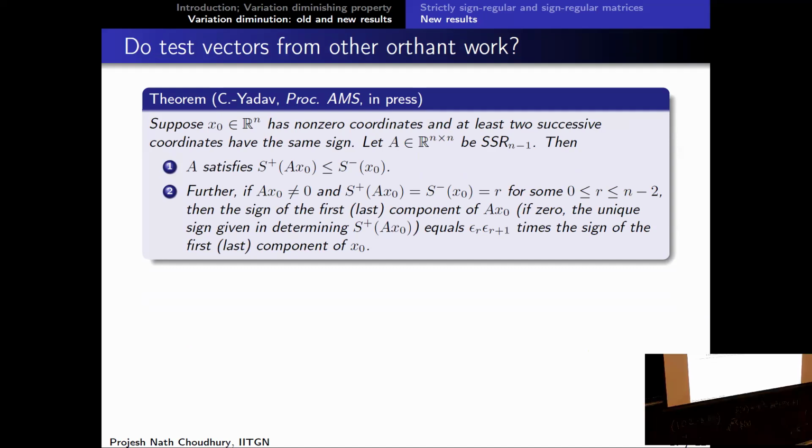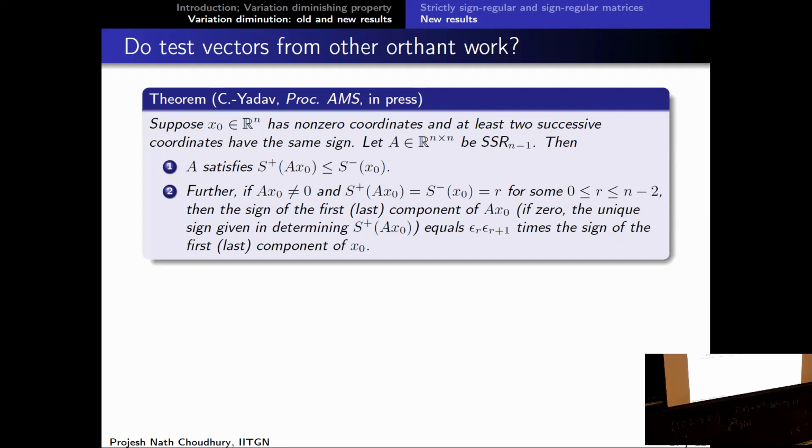and if your matrix A is a square matrix that is strictly sign regular of order n minus 1, then it also satisfies the variation diminution for that particular vector, that is, S plus of x naught is that.